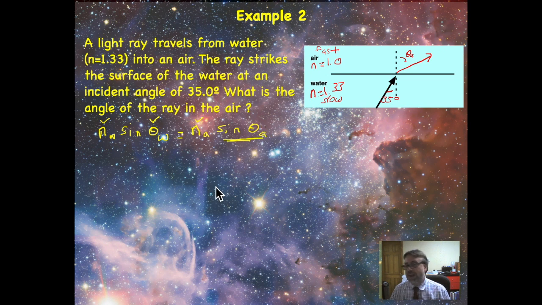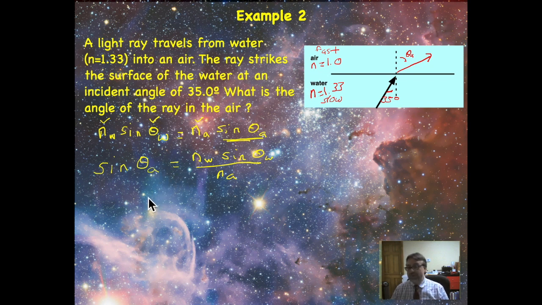So let's get that by itself first. I'm going to divide by the index of the air. So I have sine of the angle in the air is equal to the index of the water times sine of the angle in the water, divided by n air. Well, I want this angle.